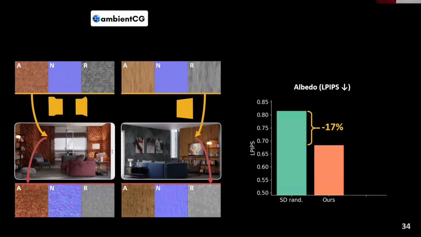So what we see here is that our material estimation is able to extract more correct materials than those being generated by a Stable Diffusion process. And again, we can compare also with materials that are extracted randomly in the ambient CG, so ground truth materials taken randomly among the ground truth class.